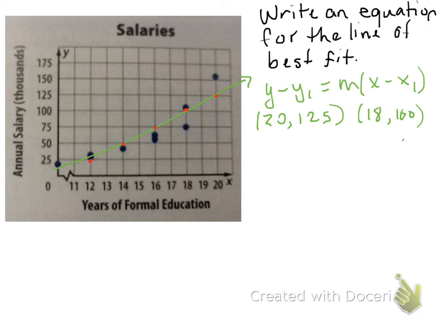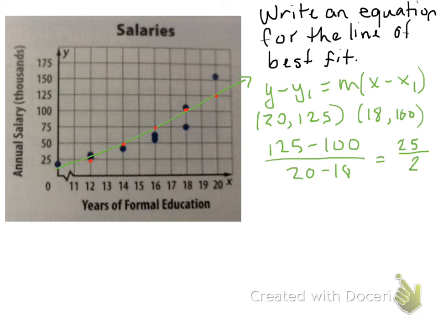So the first thing I want to do is find my slope. I've got 125 minus 100 over 20 minus 18. That means my slope is every $25,000 I want to earn, I need 2 more years of education. And I'm not going to be able to simplify that any further.